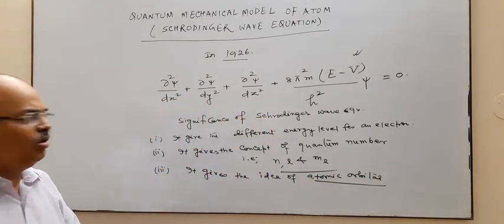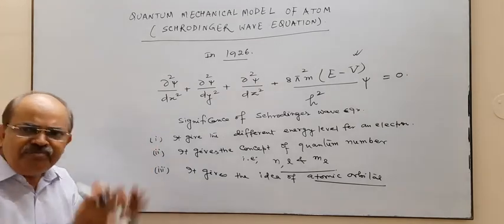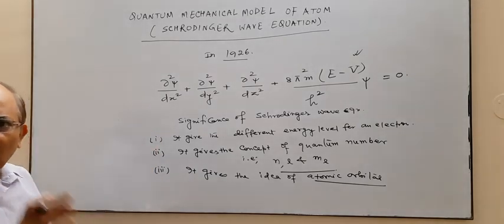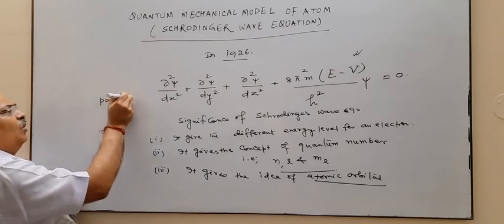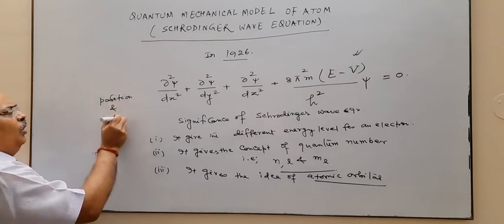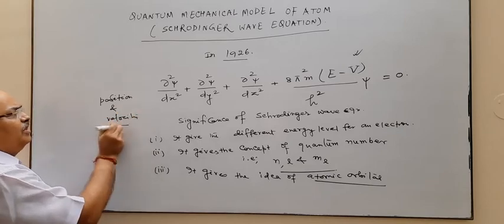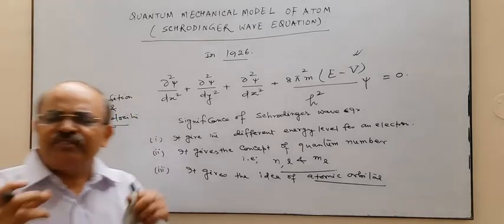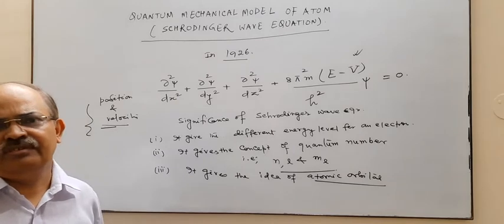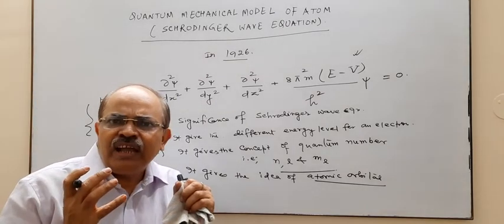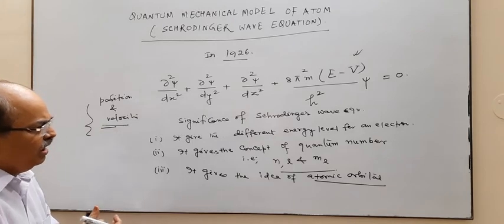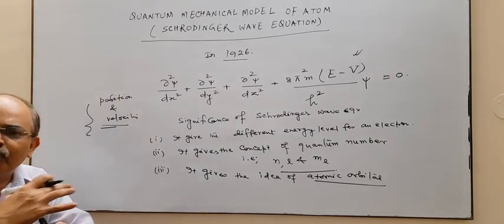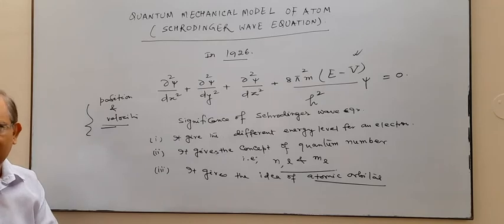As you know, from the quantum mechanical model, both the position and velocity of an electron are not accurate. So there is always a probability of finding the electron.